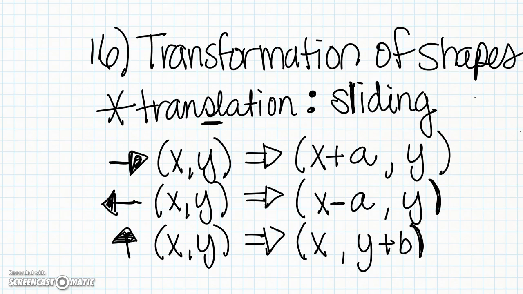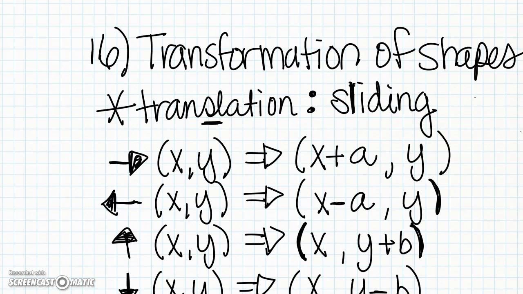So just y plus a number. You're moving something along your y-intercept. The opposite of that is when we move down: you have x, comma, y, and all you have to do is say x, comma, y minus b, a number.